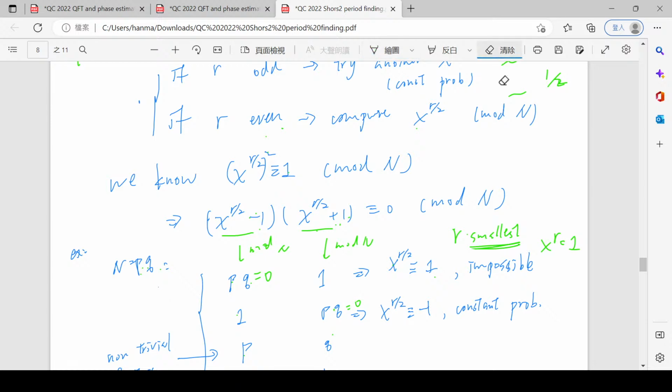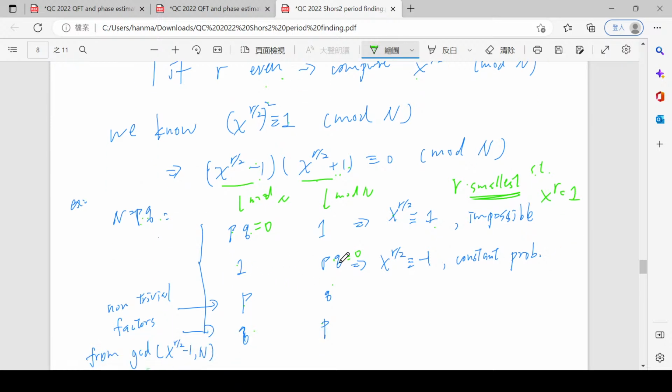r is the smallest such that x to the r equals 1. So this is not possible. And what about this one? Well, this one we are just unlucky.